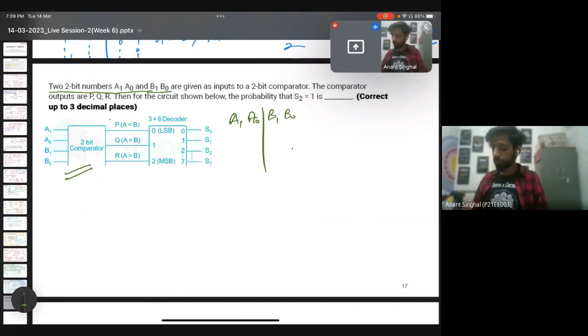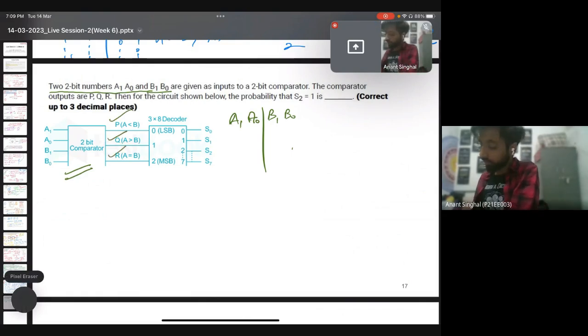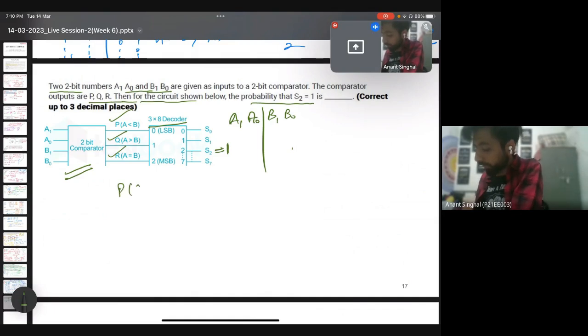So there will be 3 cases: A less than B, A greater than B, and A equals to B. Now the output of this comparator, PQR, is connected to a 3 cross 8 decoder. It is asking what will be the probability that S2 is 1. We need to calculate the probability when S2 is 1.